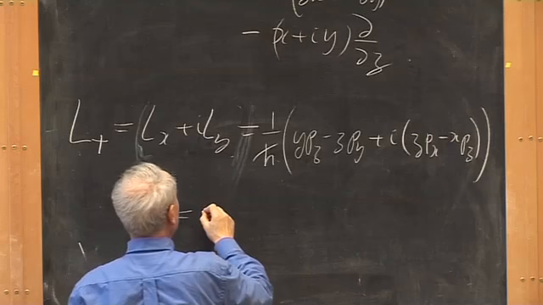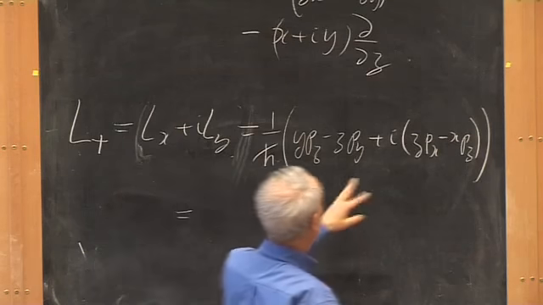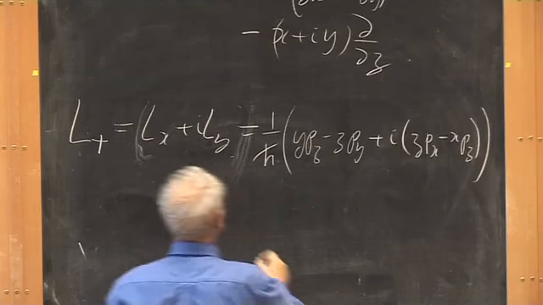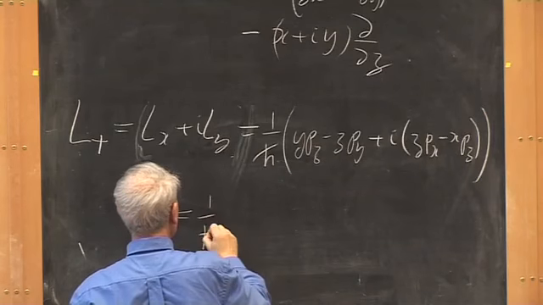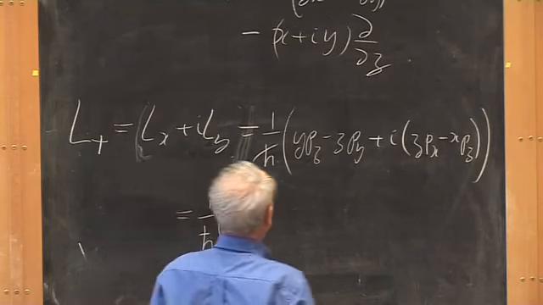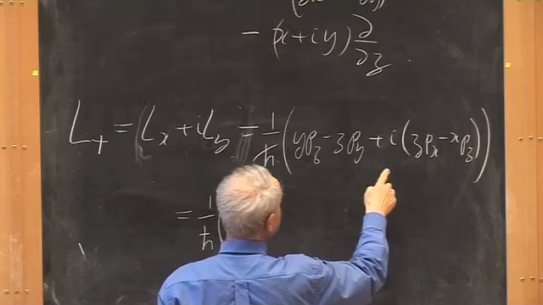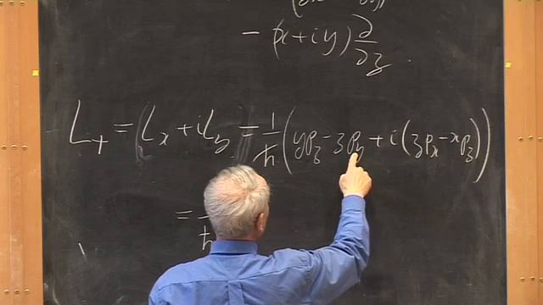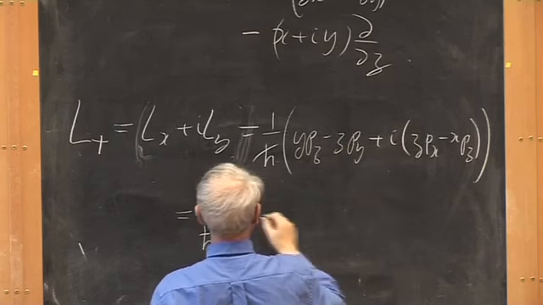So we're going to have, no, let's just, sorry, before we do that, let's gather things together because we've got a pz and a pz. So let's just for the moment write this as 1 over h bar. We're going to have a common factor of z.